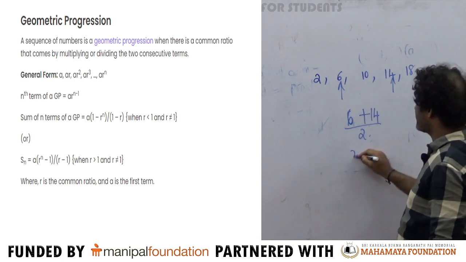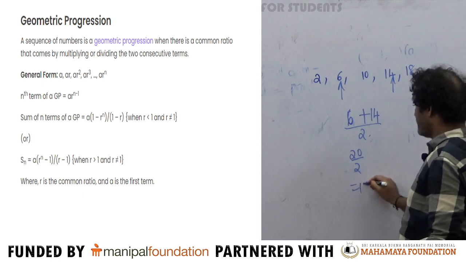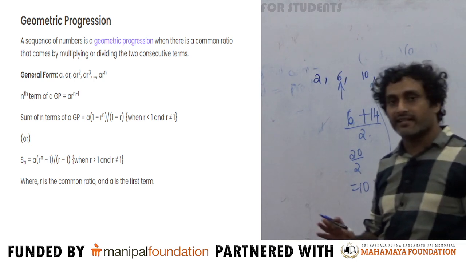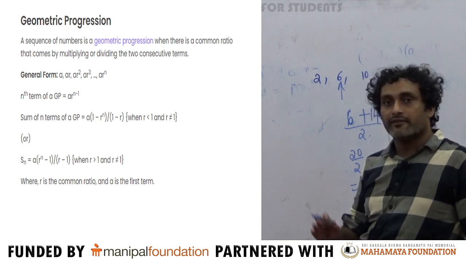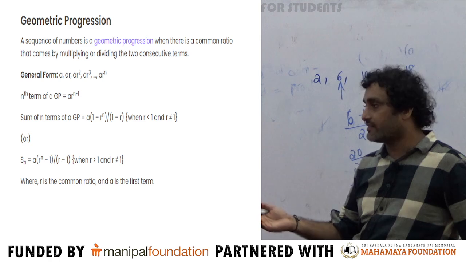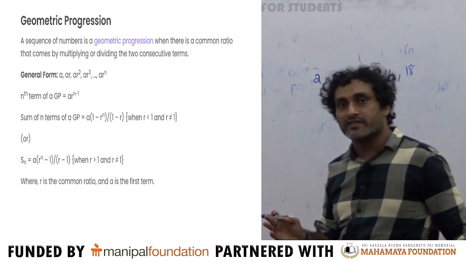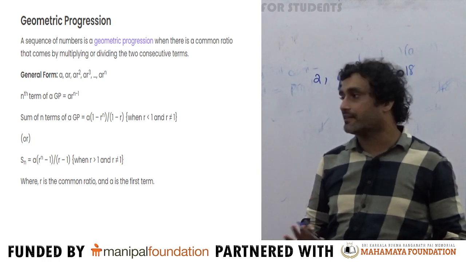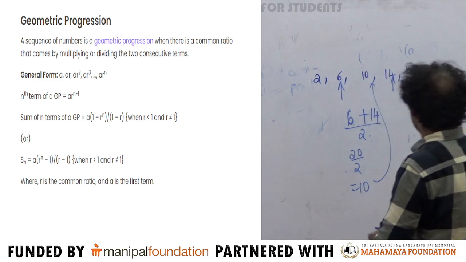Isn't it 20 by 2, which is 10? Isn't it the number in between? So this is how you find the arithmetic mean: A plus B by 2 will give you the arithmetic mean. Done. Is that okay?